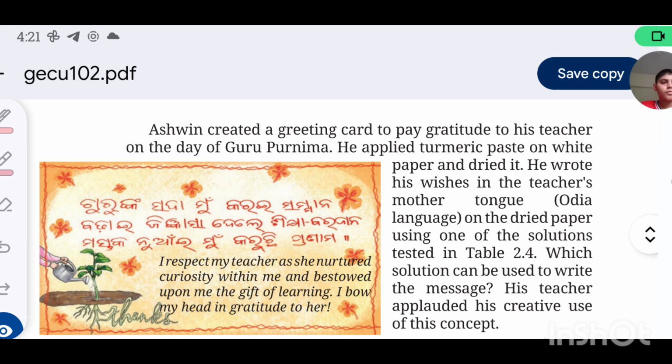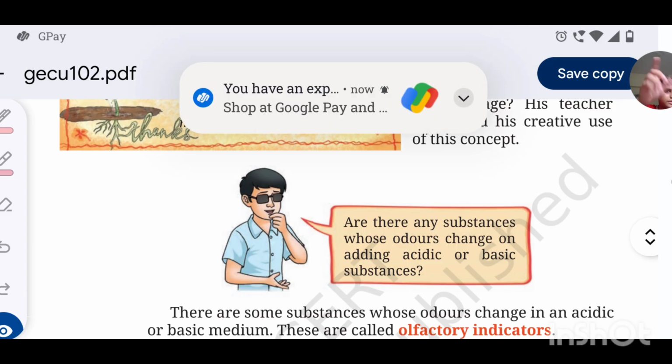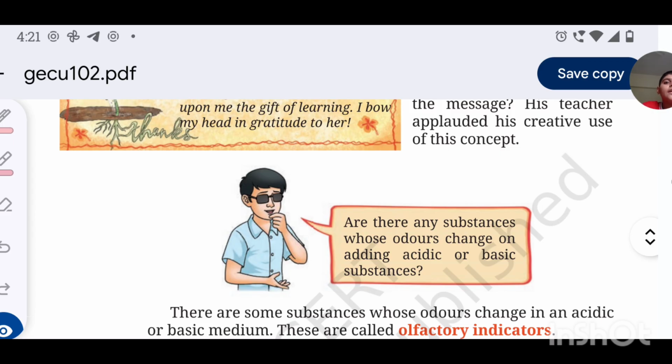I told you, we can use any of the following: baking soda, baking powder. So the teacher uploaded his creativity of this concept. Applause, like he gave a big hand for him.